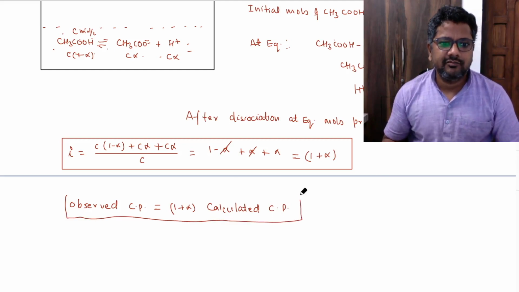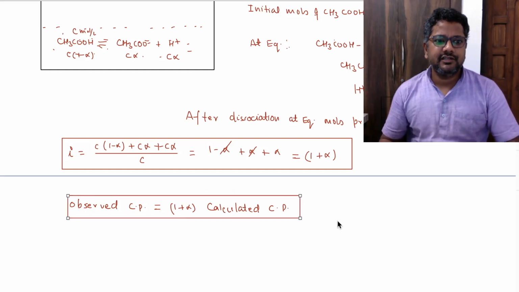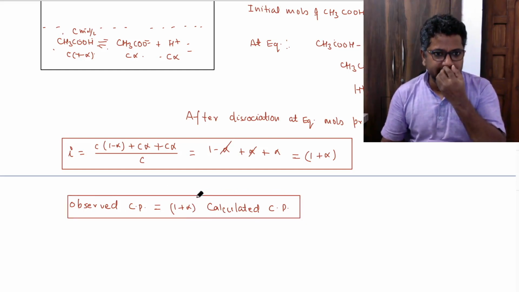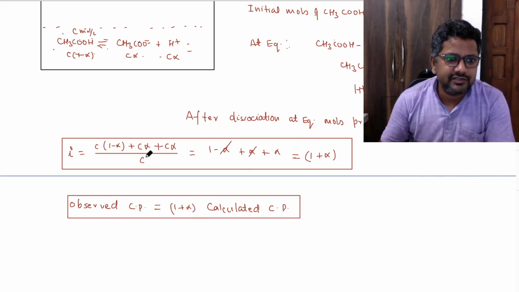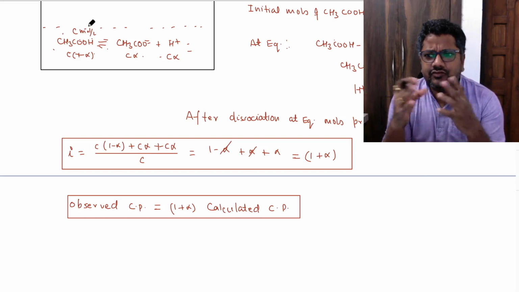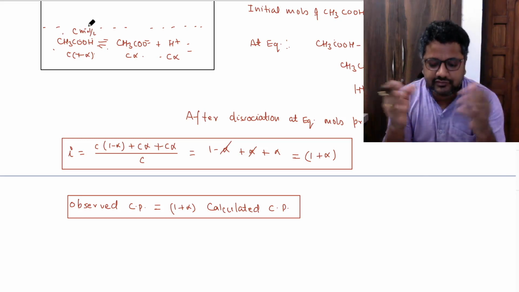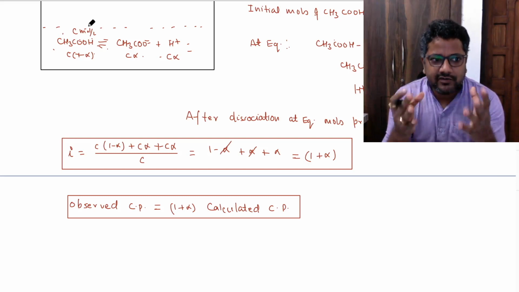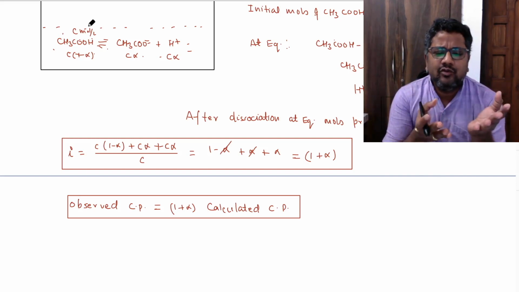So see, there are many things present here, alpha is also here. And one more thing: when you take this division by C, the initial moles, whatever moles initially you have taken, irrespective of that, suppose you are deriving any equation for such phenomena, or for calculation of this i, it is not necessary that you take A moles or C moles initially.